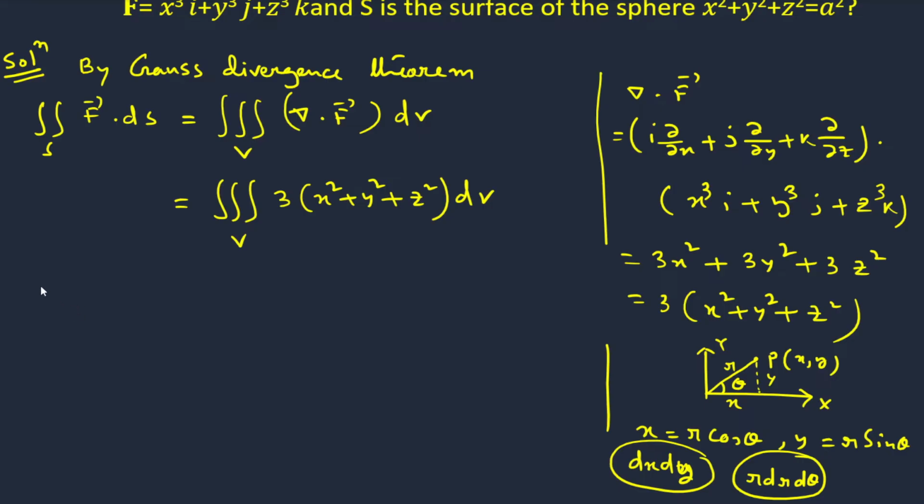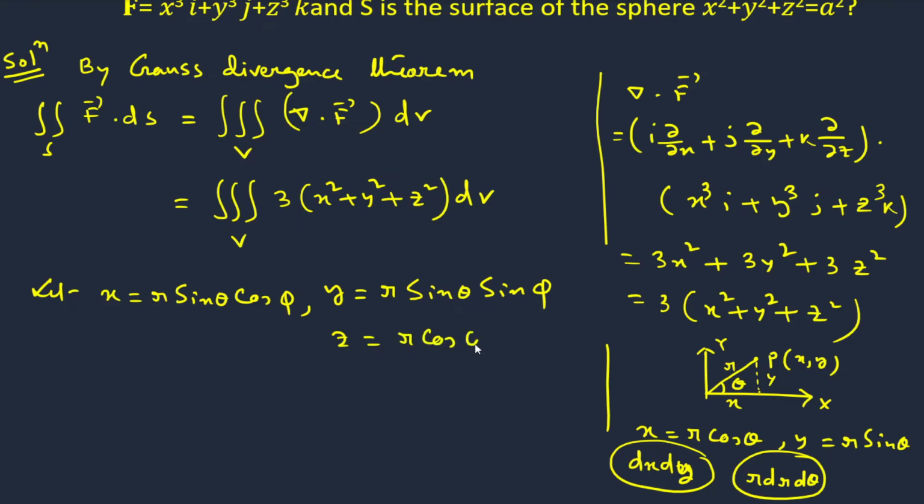What the transformation does, we have to understand very, very carefully. So let x equal r sin theta cos phi, y equals r sin theta sin phi, and z equals r cos theta.